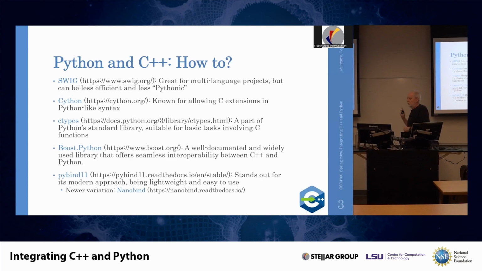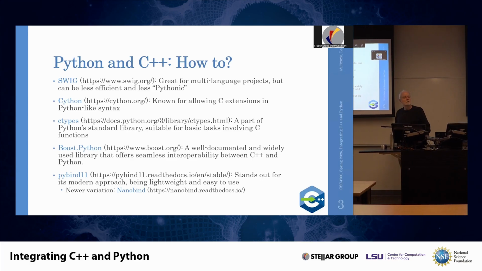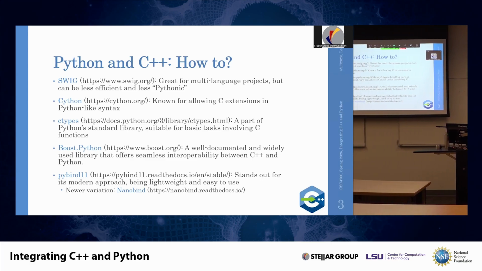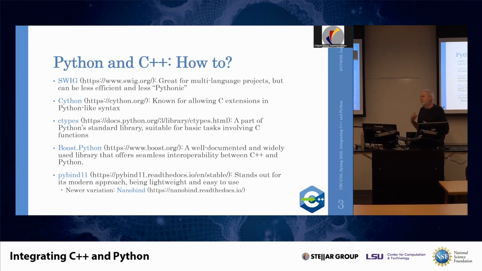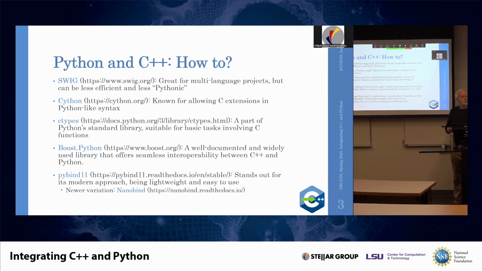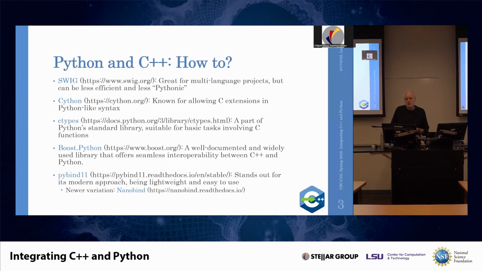But what I want to focus on today is PyBind11. It's a very lightweight C++ library, about 8,000 lines of code, that exposes a very similar interface to Boost Python, because people have realized what Boost Python has created is very useful. It's very productive.